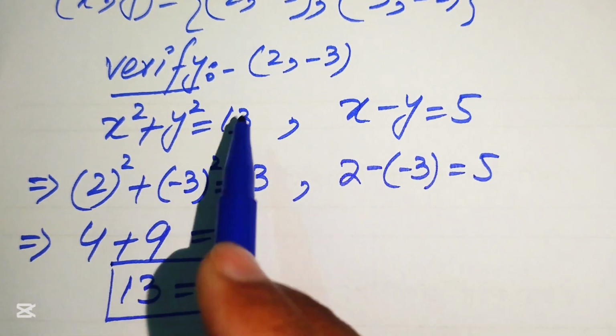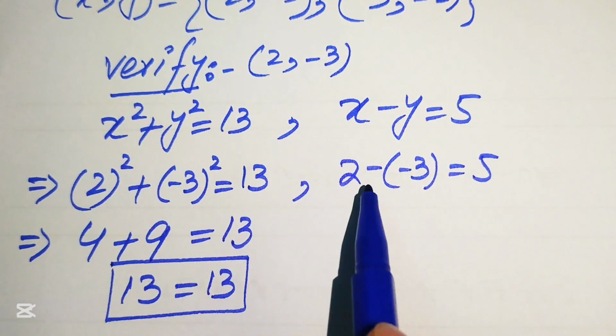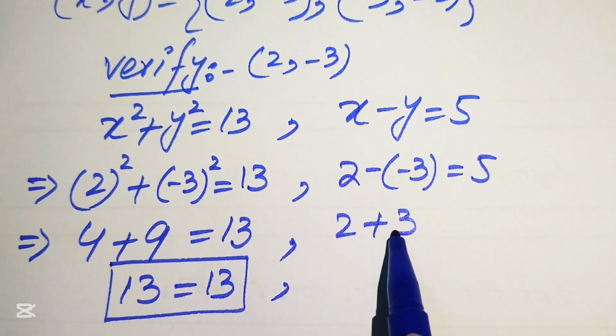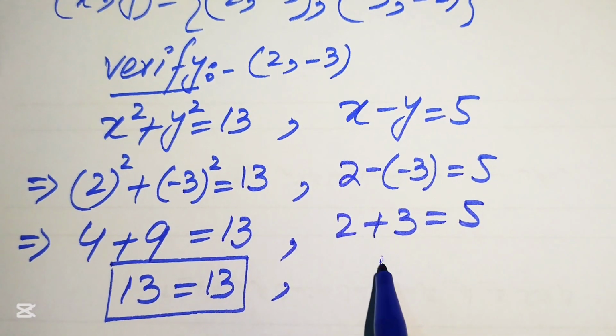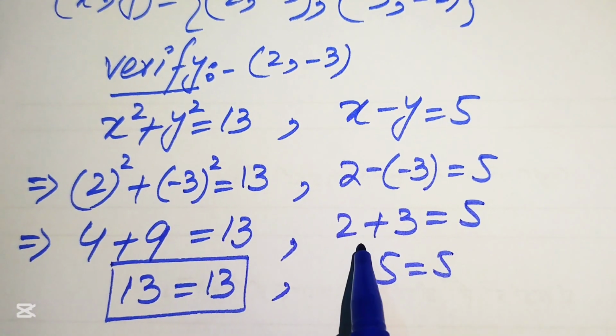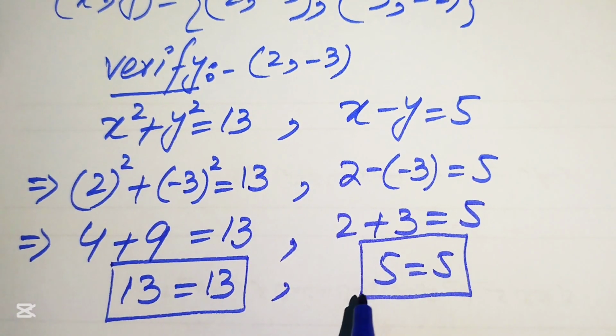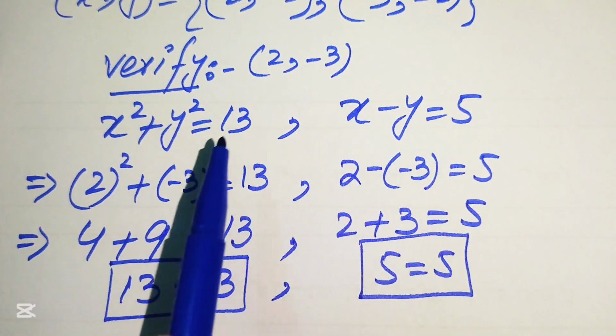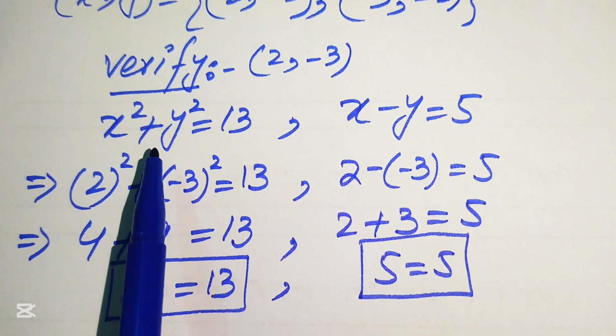This shows that this solution satisfies the first equation. Similarly, if you see here, this is 2 plus 3 equals to 5, so 5 equals to 5. This shows that the values of x and y satisfy the second equation. It means that the first solution satisfies our given equation.